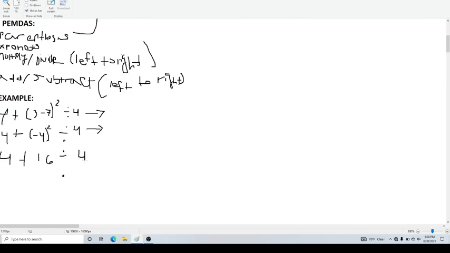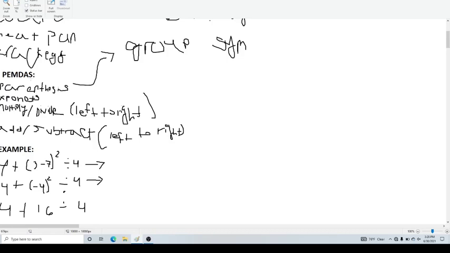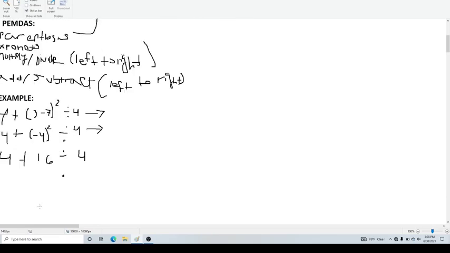And so now we move on to multiply or divide from left to right. So if multiplication comes first, we would multiply. If there's a division first, whatever comes first from left to right, we normally do. So 16 divided by 4 is 4.